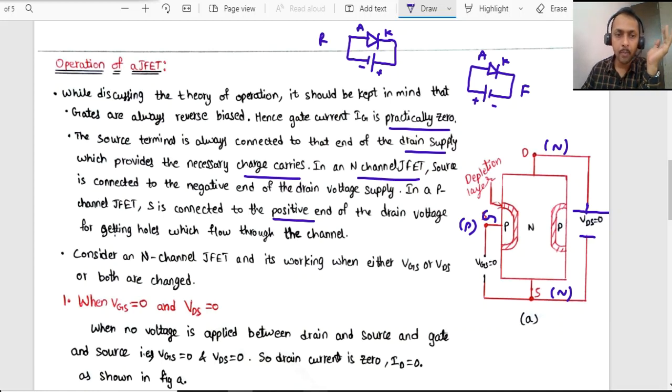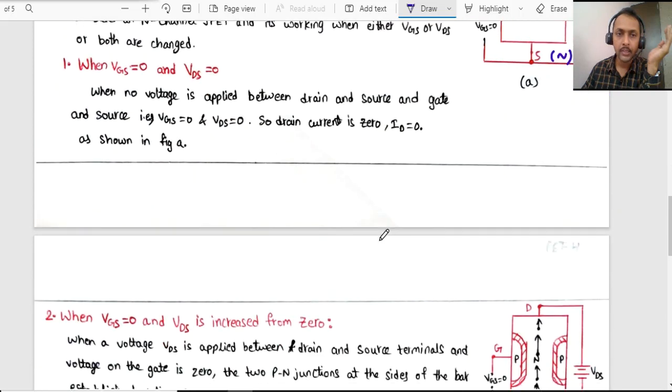Now what are the different possibilities we have? For example, if the gate source voltage VGS is made 0, and also the drain source voltage VDS is made 0, then what happens?